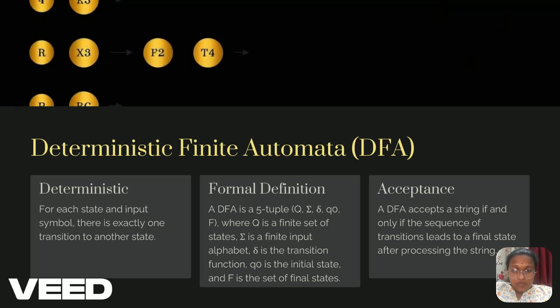In a deterministic finite automaton, for each state and input symbol, that is, one state with one input symbol, there is only one transition to another state.